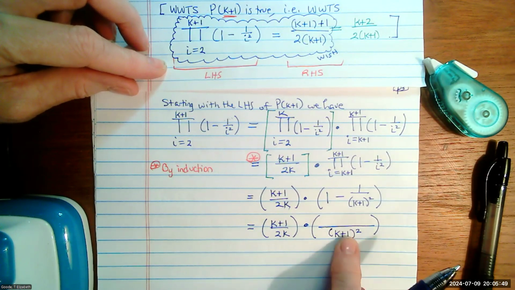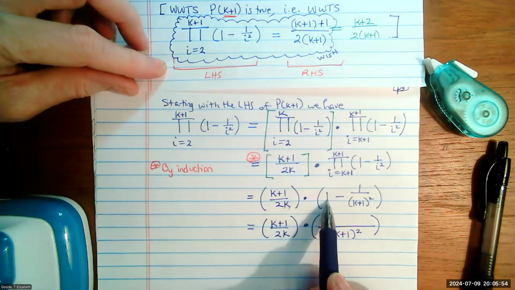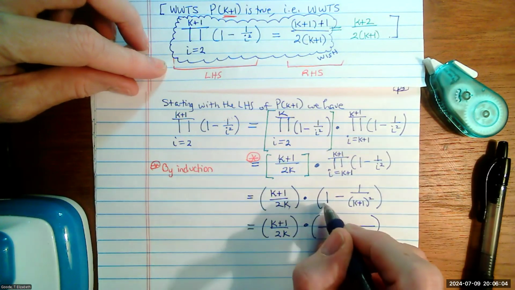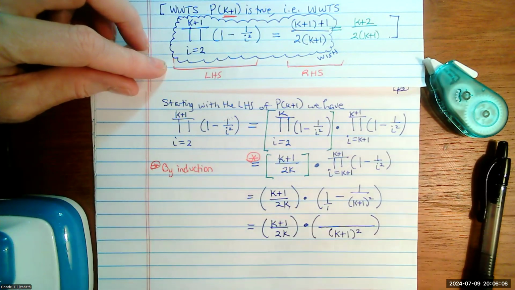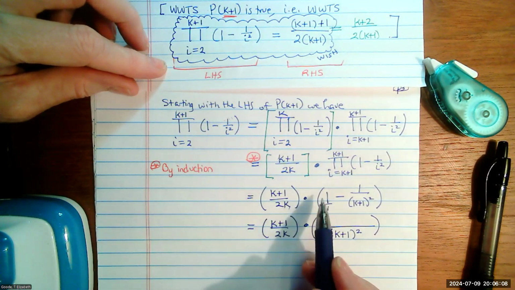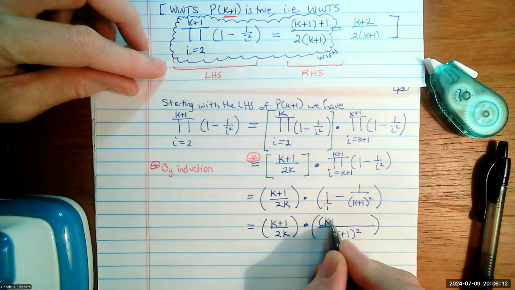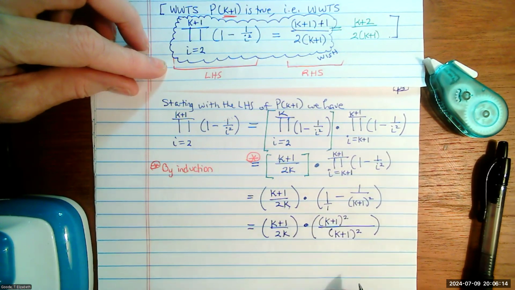Sophie, thank you. Great. So we're going to use k plus 1 squared as our common denominator. What do we need to multiply the 1 times to put it over the k plus 1 quantity squared? It's over 1 right now. So we need to multiply it by k plus 1 squared. So 1 times k plus 1 squared is just k plus 1 squared. Everybody with me?